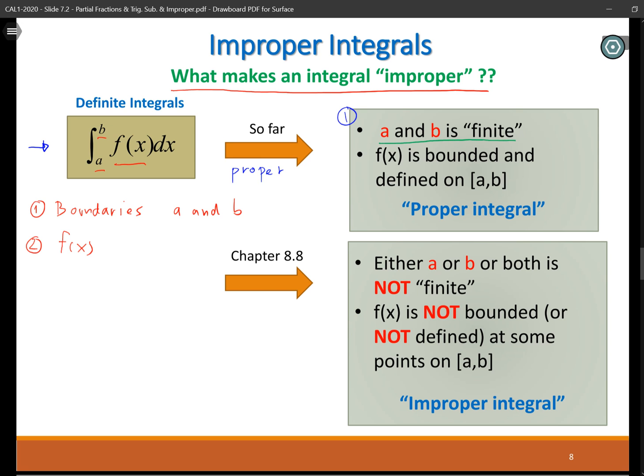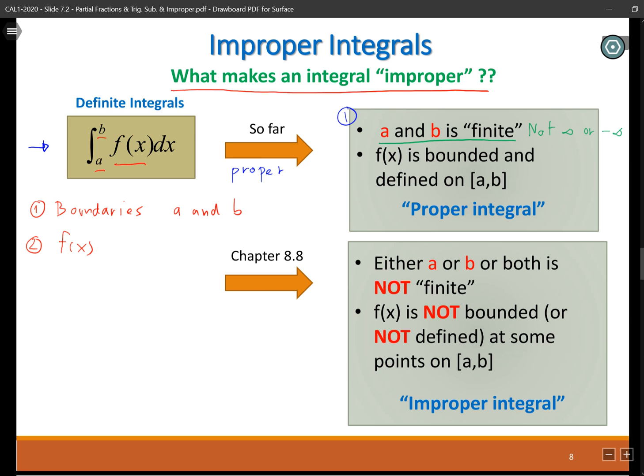Means that A and B cannot be infinity or minus infinity. You can make a note here, not infinity or minus infinity. So far you have never seen infinity in your integrals before, and that's one of the reasons why every one of them is proper.